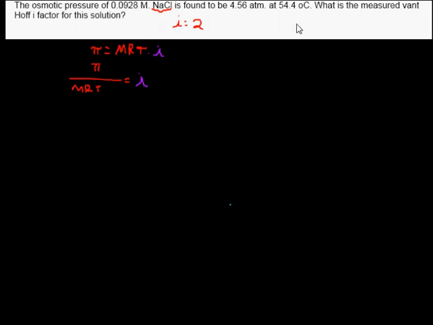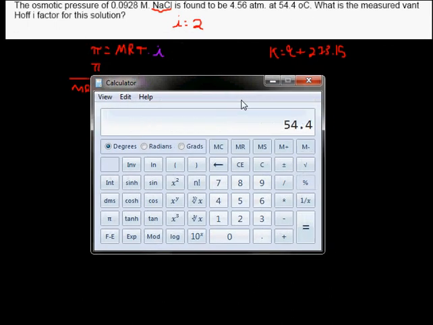We have the concentration here. We could just convert the temperature here, so we know that K is equal to degrees Celsius plus 273.15. So we take 54.4 plus 273.15.